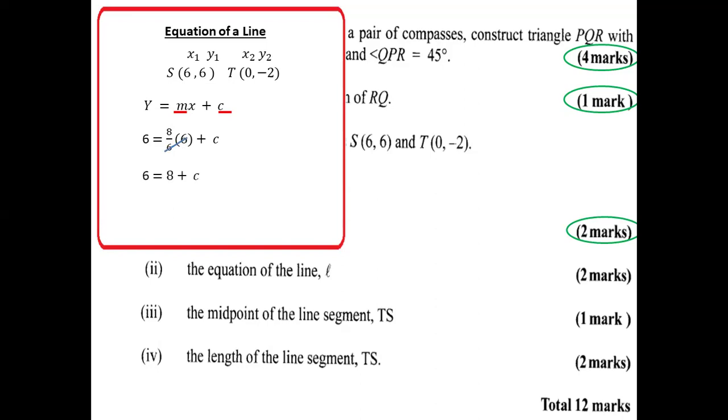And then we end up with 6 equal 8 plus C. Then we subtract 8 from both sides, and C is now equal to minus 2. Given that we know the gradient is 8 over 6, and C is minus 2, we can now write the equation of the line. It is y equal 8 over 6 x minus 2.